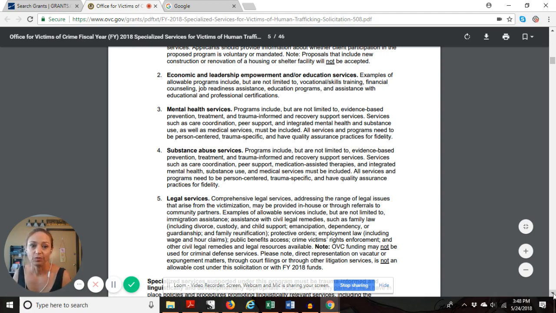So an example of this would be, under the substance abuse services, programs include but are not limited to evidence-based prevention, treatment, and trauma-informed and recovery support services. And then they go on a little bit more, but you could pull some of this language and say, we'll be providing substance abuse services, if that's what you're actually going to do. And then say we're using evidence-based prevention, and this is what our evidence-based prevention is, and you could name what that practice is.